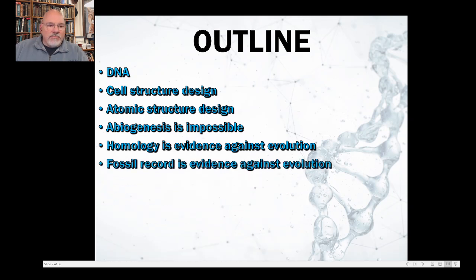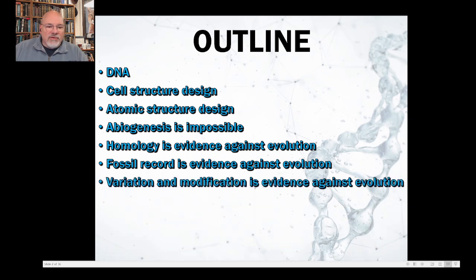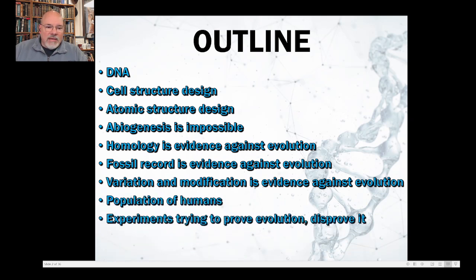It doesn't support it. The fossil record is evidence against evolution, and that's even made by evolutionists themselves. Variation and modification is evidence against evolution because it only happens within species. The population of humans and experiments trying to prove evolution, they end up disproving it.